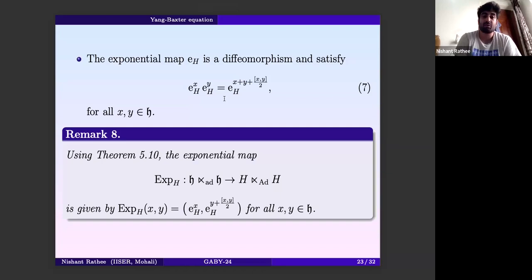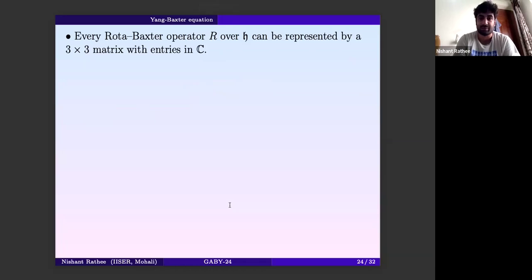So now we have computed the exponential map from the semi-direct product Lie algebra to the semi-direct product group. In the case of the Heisenberg group, this turns out to be this map: the exponential of (x, y) going to (e to the x, e to the y, Lie bracket of x and y over 2). This is the exponential map for the semi-direct product of the Heisenberg Lie group.